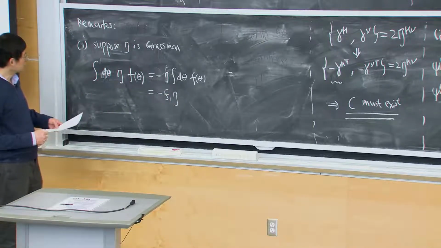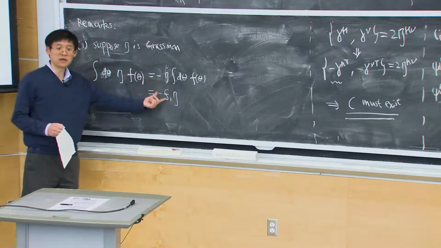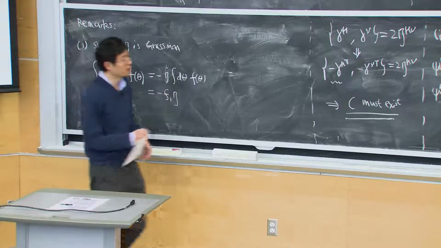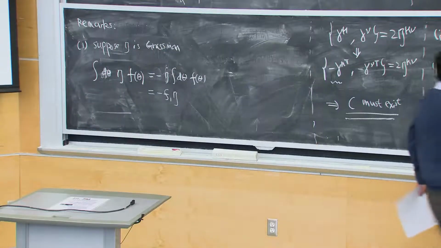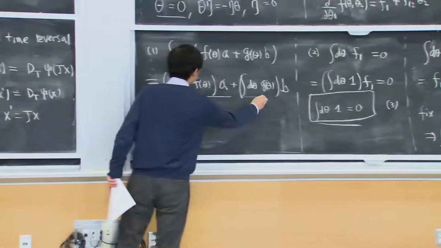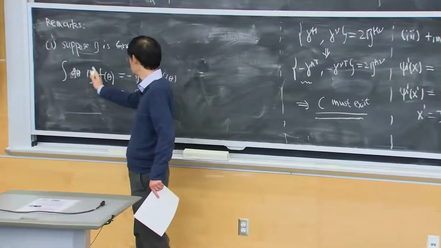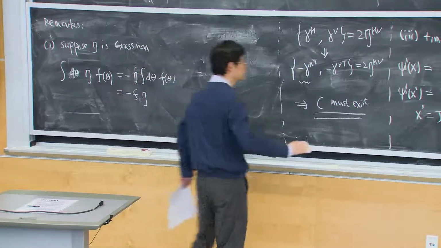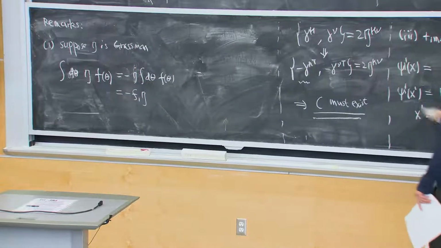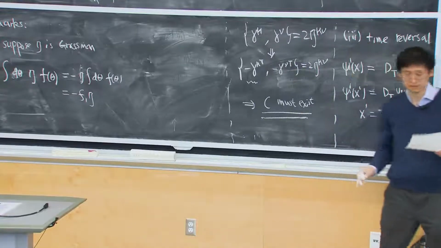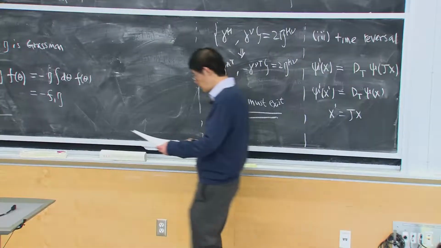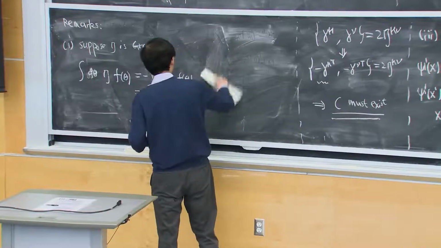You can show that this rule is compatible with the other rule as well, because you can also commute eta with f inside the integral, and then use that rule, and show the two rules are compatible. So this is the first remark.